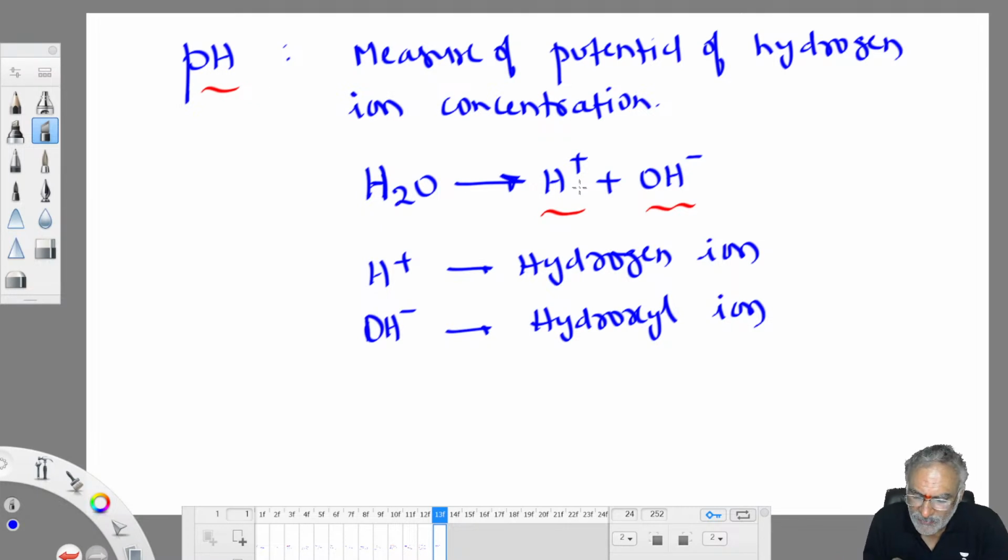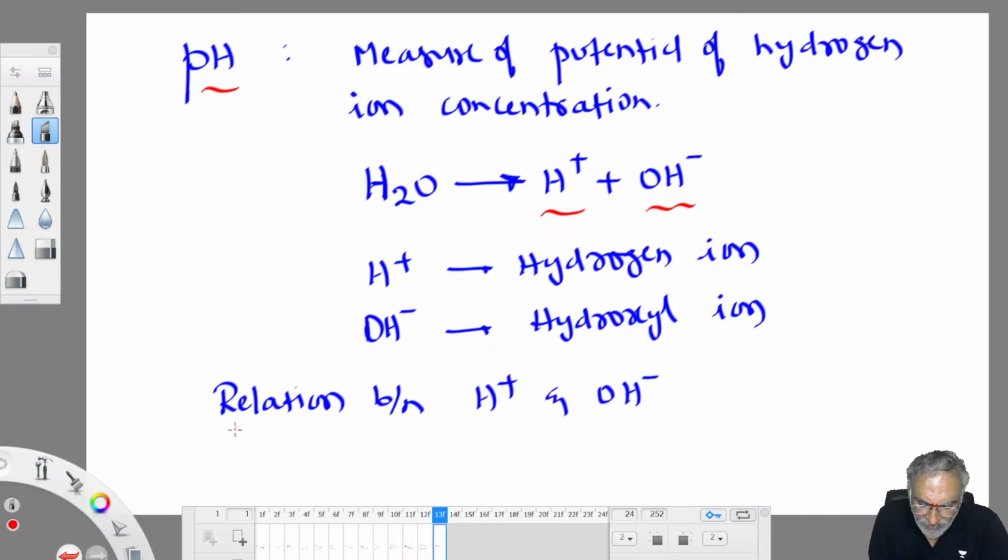The relation between H plus and OH minus we can establish by writing the ionization equation. What is the ionization equation?